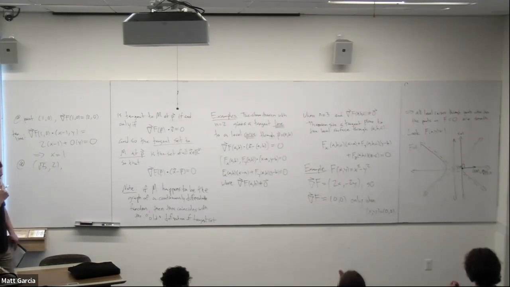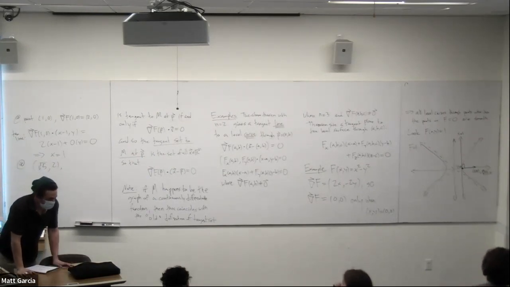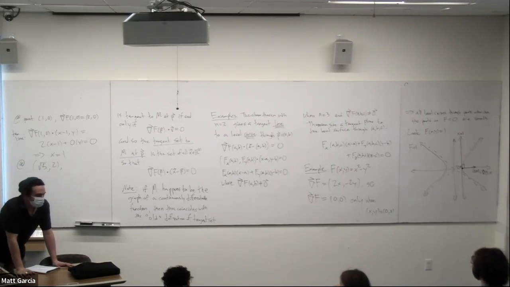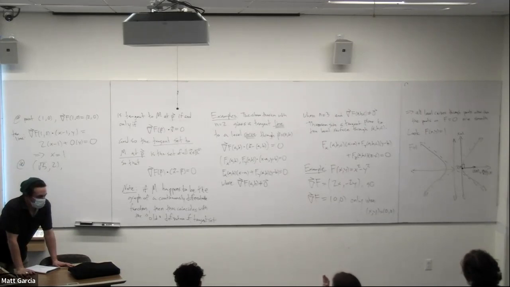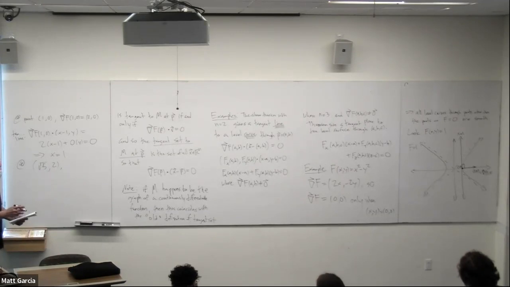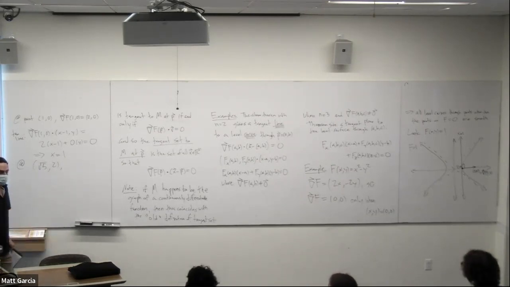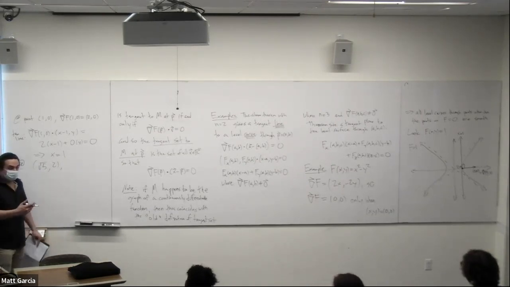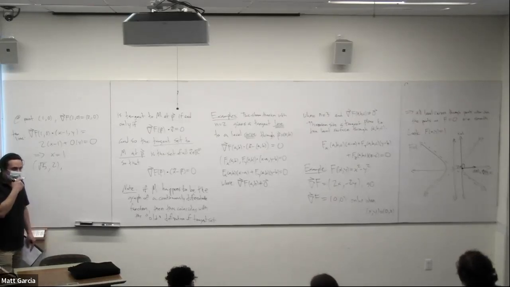The tangent line and the gradient are perpendicular, when you can define the tangent line, yes. That was exactly our theorem, right? That the tangent set is defined by the set of vectors that are orthogonal to the gradient.